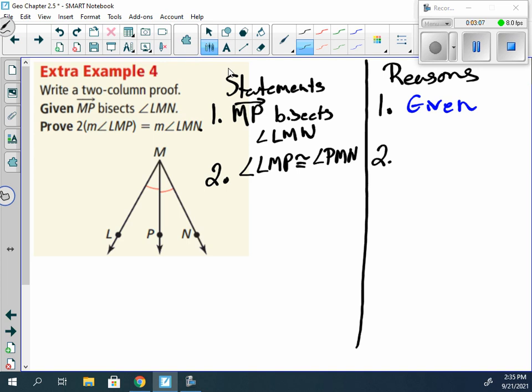Well, how did we know they were congruent? Because MP bisects the angle. That's really just the definition of an angle bisector. Because the definition of an angle bisector is a line, ray, or line segment that cuts an angle into 2 congruent angles. It cuts it in half.